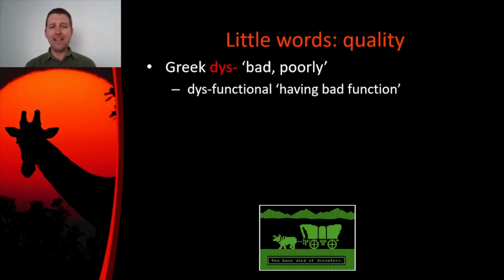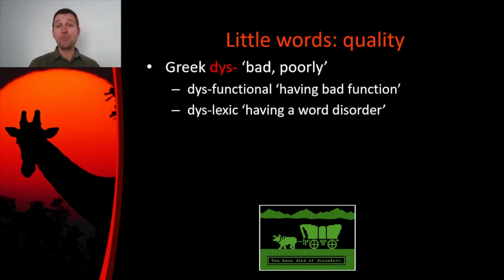So, if something is dysfunctional with a Y, it means having bad function. It functions poorly. That's what it means when something is dysfunctional. If somebody has dyslexia or they are dyslexic, literally it means they have a word disorder. There's something off about their perception of words. In this case, we usually use it with the written word, but etymologically, it can be any kind of word disorder.